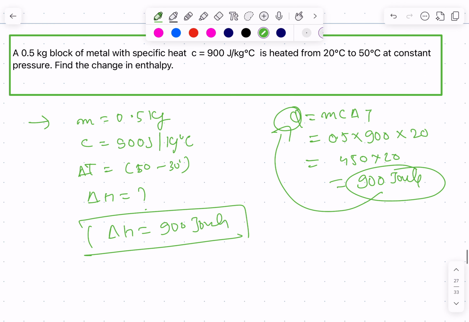Okay, 900 into 30. Yes, the temperature will be about 13,000 something joules. 450 into 20 into 30, from where? Okay, you mean 50 minus 20, so it should be 1350 joule.